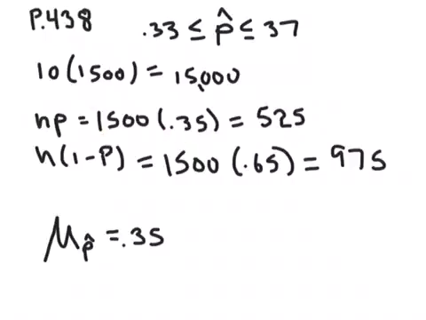Is that bigger than 10? Yes, it's way bigger than 10. Well, what about the number in our sample times 1 minus the percentage? 35, 65, they equal 1. Okay, that's also bigger than 10. So we can assume normality from that.